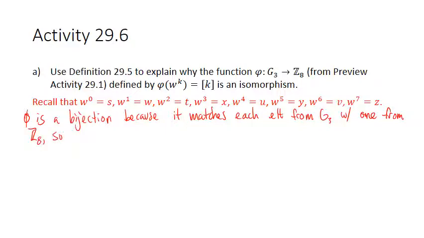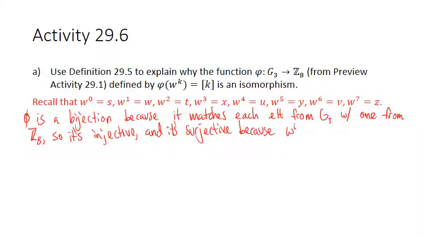So it's injective, and it's surjective because w to the i, or w to any power, runs through all the elements of G3. Hope that makes sense, that argument. You could maybe argue a little differently if you wanted to.